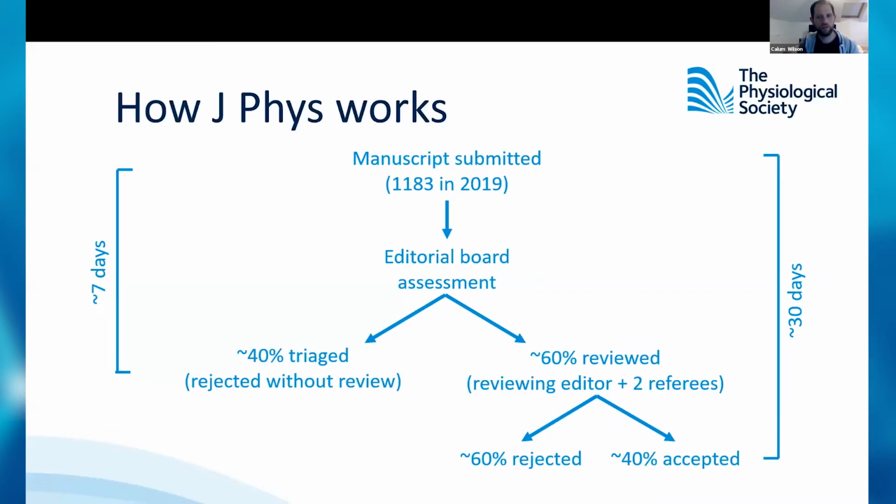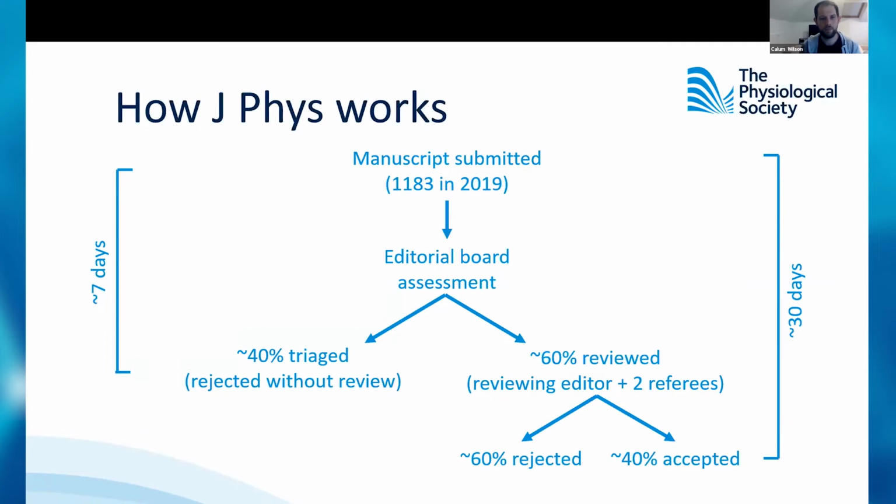So the first thing I want to talk about is just what happens to papers when they are submitted to the Journal of Physiology. This is largely similar to how most journals actually work. And Sally provided me with the data for this, but what I can tell you is that 1,183 research papers were submitted to the Journal of Physiology last year in 2019.